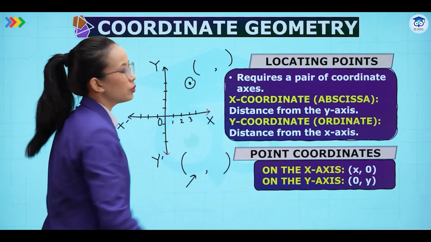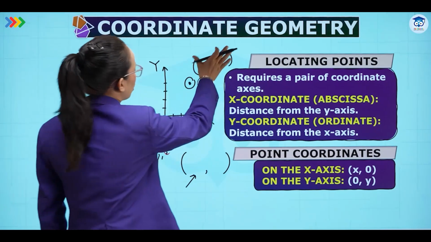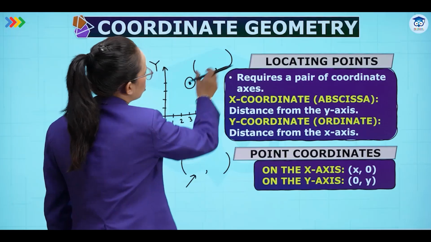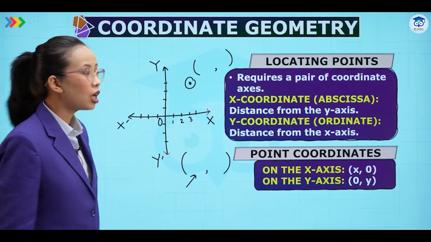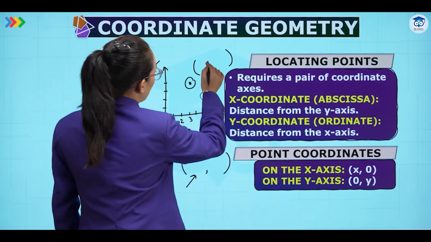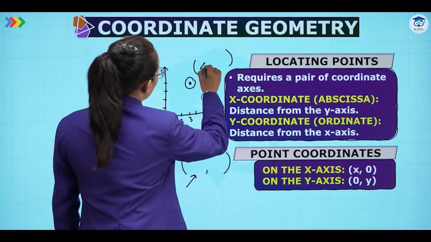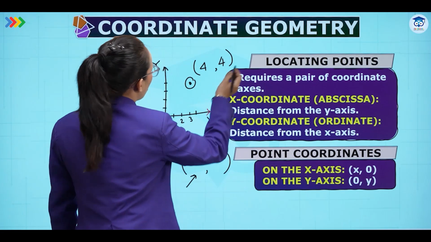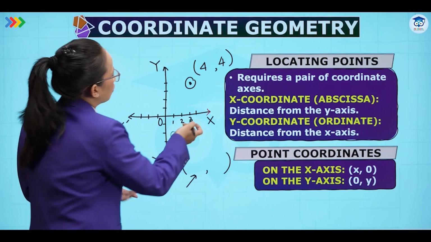with two values enclosed within a round bracket, also known as a parenthesis. Suppose the values are (4, 4) or (3, 4), any.